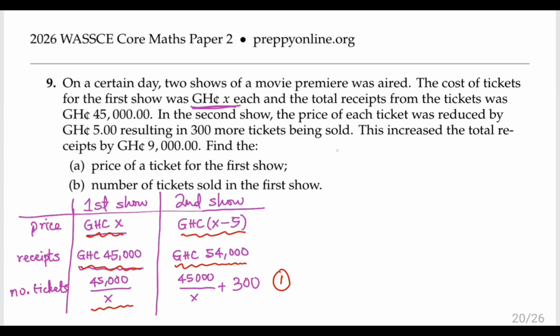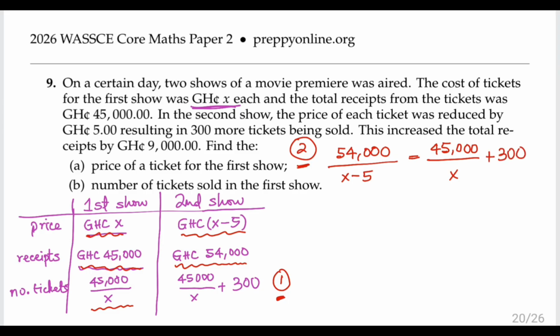So we have 54,000 over X minus 5. Call it expression 2. So expression 2 and expression 1 must be equal because they represent the same thing. So if we set them equal to each other, we have 45,000 over X, then we add 300 to that. These two expressions are equal to each other. So we can use that information to solve for X.